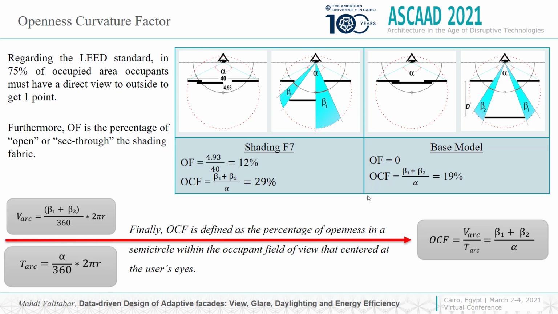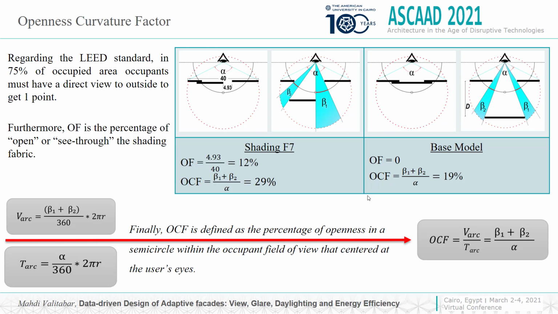But in our research, we need a metric whereby we could evaluate the quantity of view at a specific user position through a multiple layer shading system. Consequently, openness curvature factor was presented and developed based on openness factor.